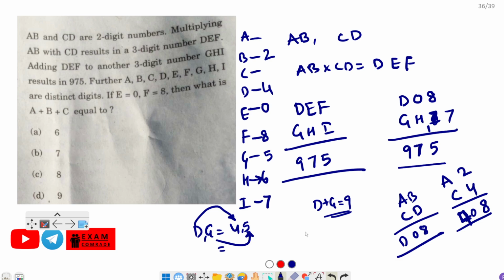What are the possible options for A and C to get a value of 408? Let's check for 92 into 34.